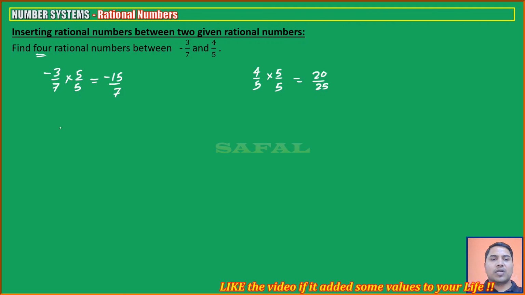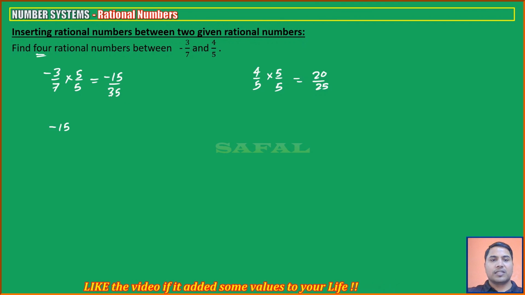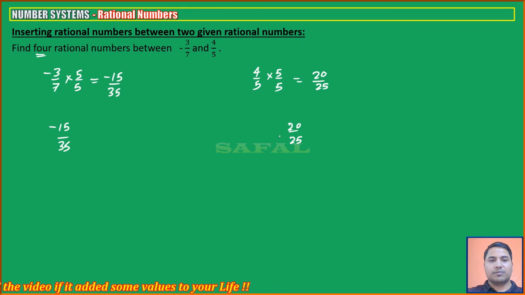Maybe you can write this as 35: 5 3s are 15 and 5 7s are 35. So minus 15 by 35, and the second number I have is 20 by 25.